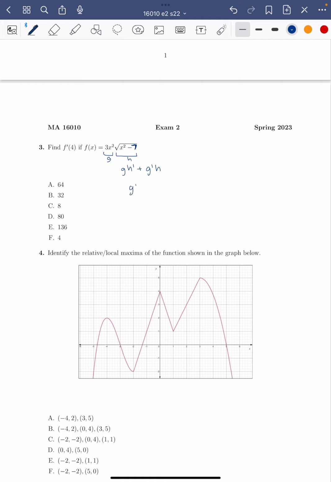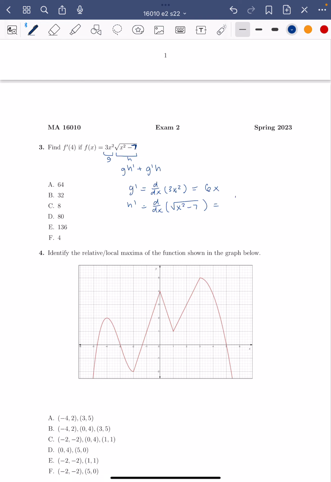g prime equals the derivative of 3x squared, which is 6x. h prime equals the derivative of the square root of x squared minus 7. For this derivative, we have to use chain rule because we have the whole thing to the 1/2 power. Let's start by finding the derivative of just the square root.